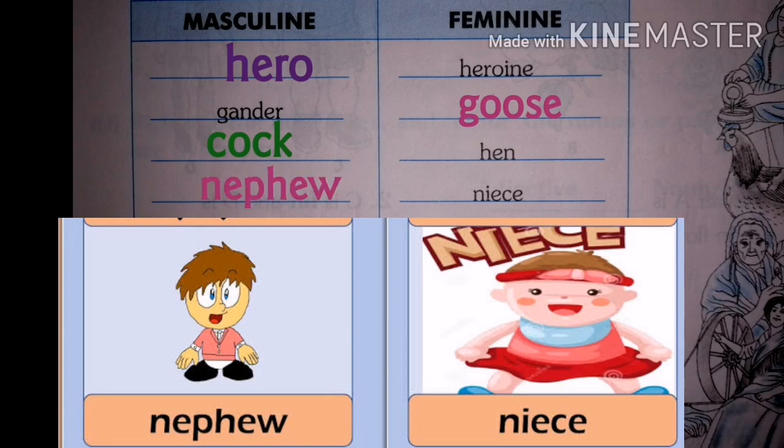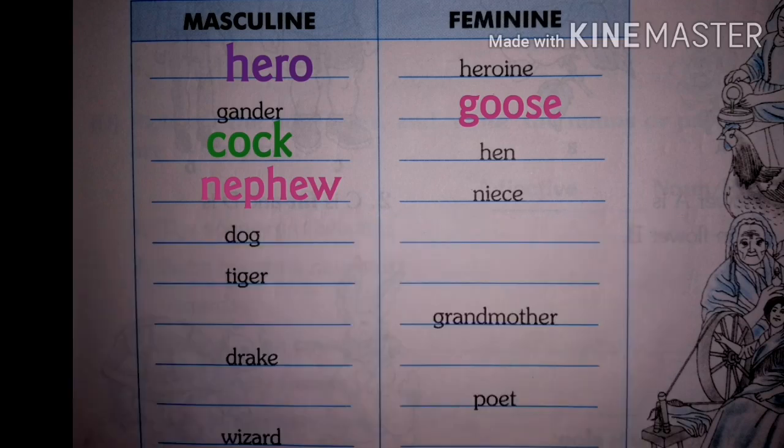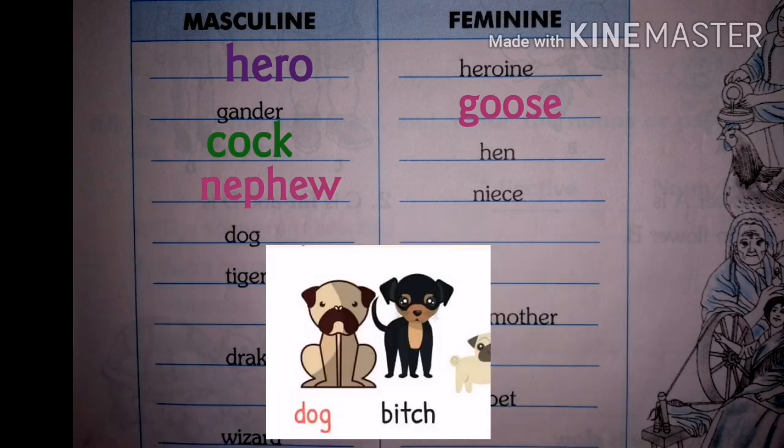Yes, it is nephew. Nephew is masculine gender and niece is feminine gender. Next, what is the opposite of dog? Dog is in masculine gender. And what is the feminine gender of dog? It is bitch.